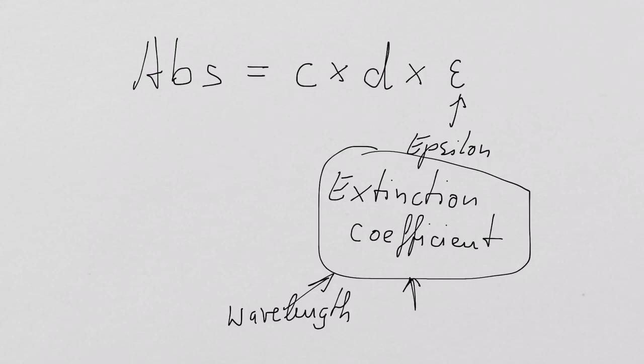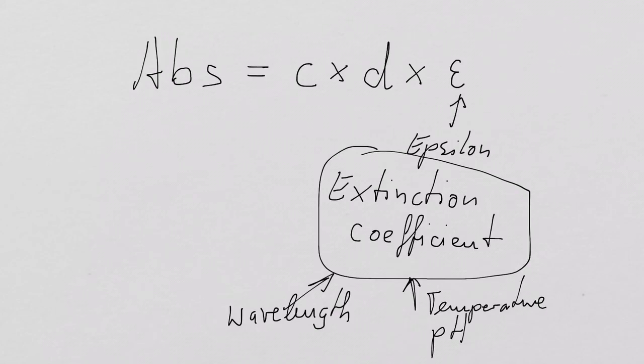The extinction coefficient might change with temperature, and it also might change with what is called the pH. So whenever we do an experiment where we measure absorbance, we need to be very clear that we have to do that under very defined conditions.